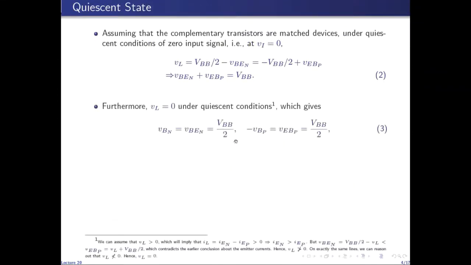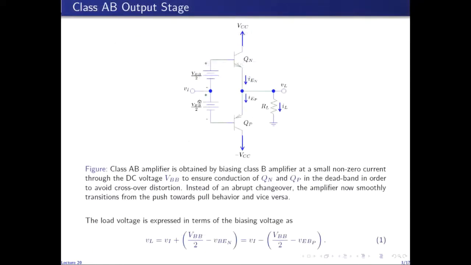So VBN is VBB by 2 and VBP is minus VBB by 2 under quiescent conditions. As soon as we apply Vi, the voltage at this node increases from VBB by 2 to VBB by 2 plus Vi. And the voltage at this node increases from minus VBB by 2 to minus VBB by 2 plus Vi.